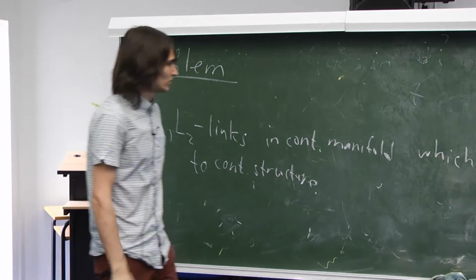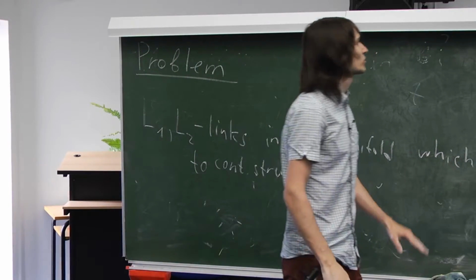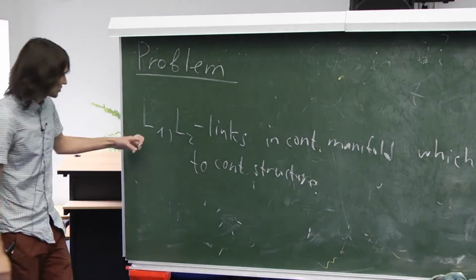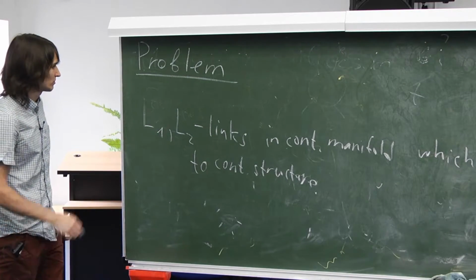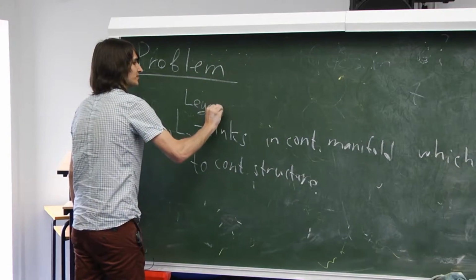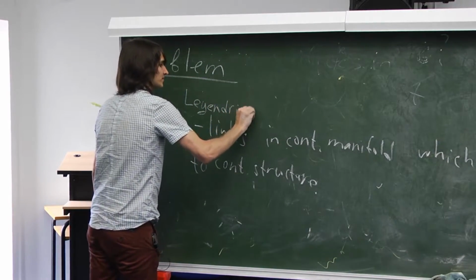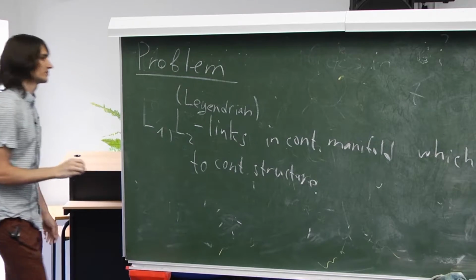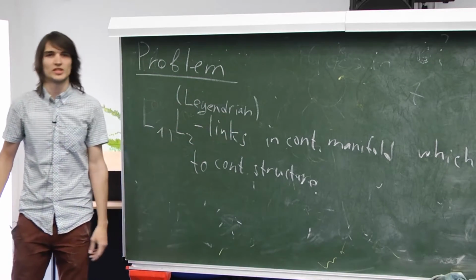The velocity vector of each link lies in the contact plane. Such links are called Legendrian links. This is the definition of a Legendrian link.